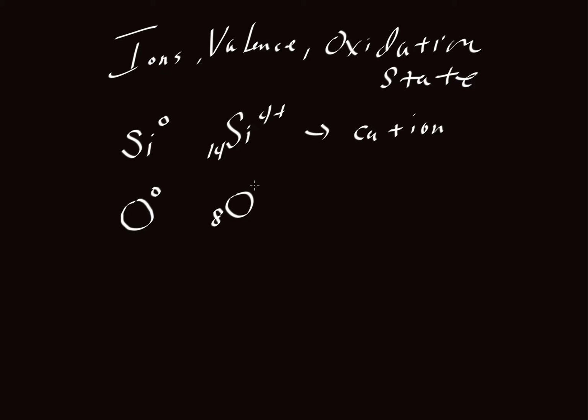But the number of electrons is variable, and if an oxygen atom has 8 electrons, then it will be neutral, but usually it has 10 electrons, giving it a 2- charge. And anything with a negative charge is referred to as an anion. So a cation is any atom with a positive charge, and an anion is anything with a negative charge.